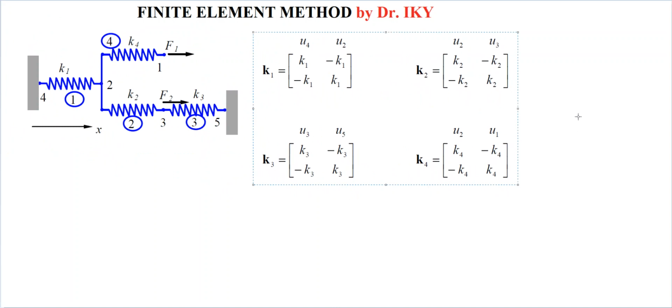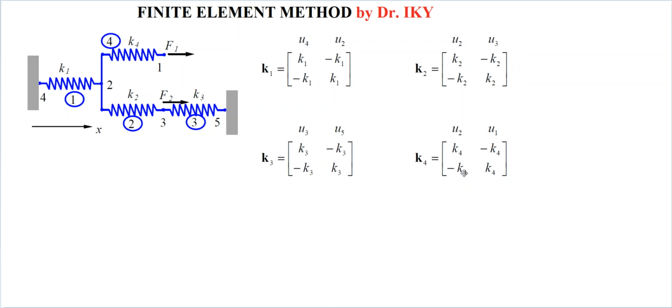These are the stiffness matrices. And after giving the stiffness matrices, we are going to put them together and create the assembled matrix for the global stiffness definition. Let me show you.